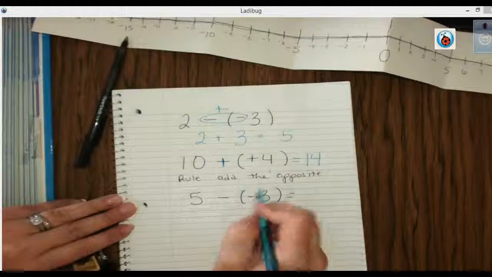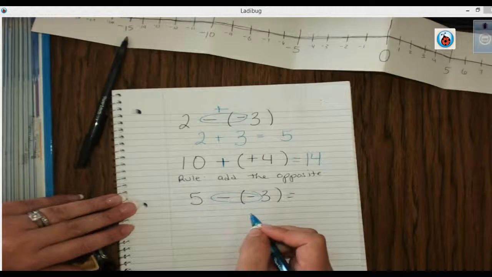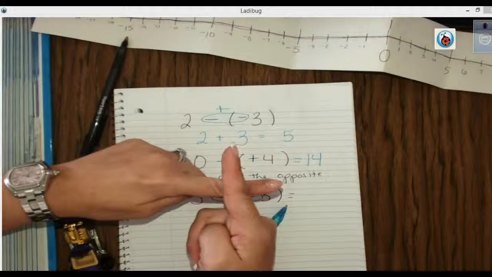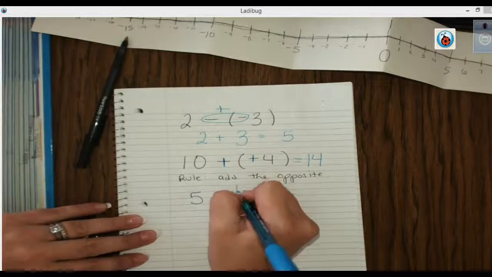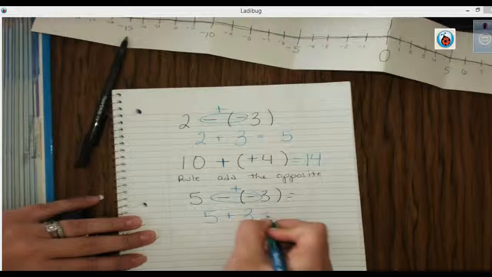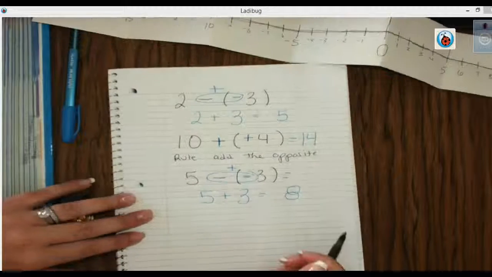Okay. Let's say we had 5 minus negative 3. Same thing as saying take those 2 minus signs. What can you do with 2 minus signs? Connect them and put them as... Wouldn't they become plus? 5 plus 3. Let's try this again.